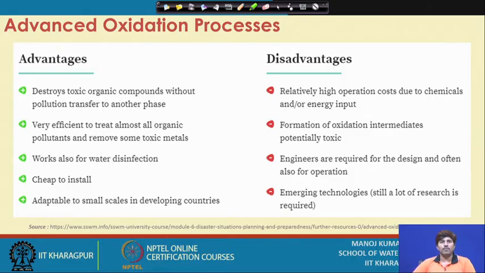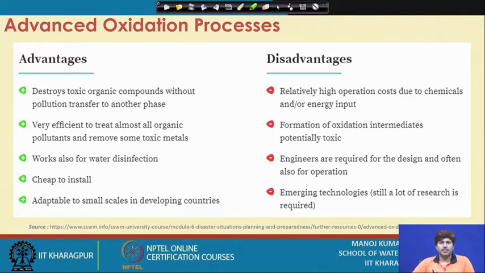They also work well for water disinfection, because ozone is produced, it can oxidize the cell mass and the organic compounds in the cell. Proteins can be denatured, so that way it can have disinfection properties as well.